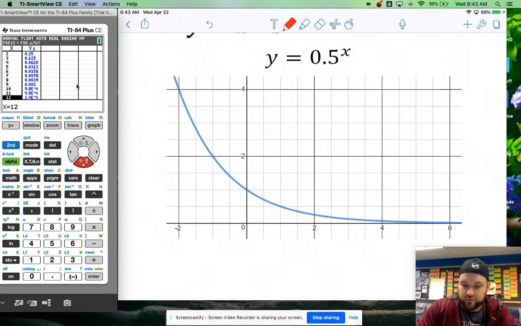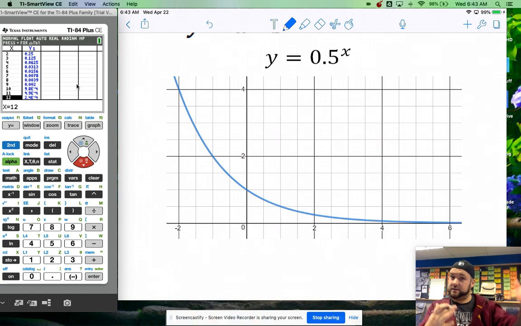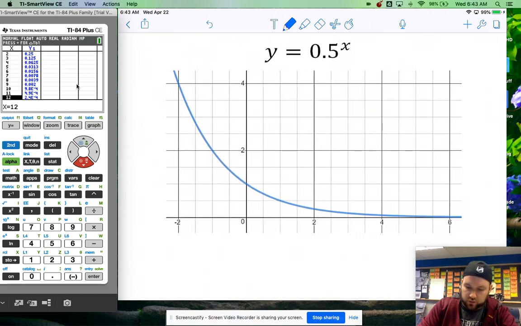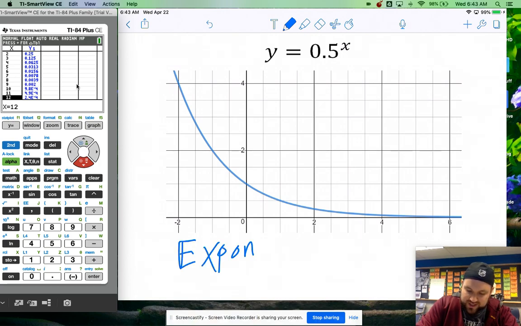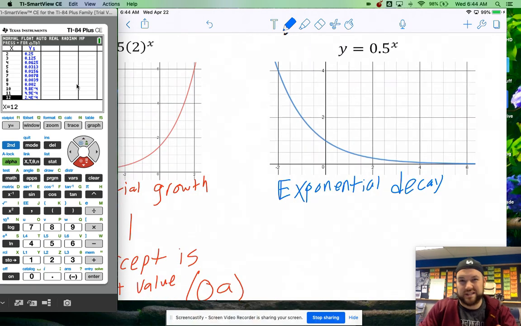And then here, if our growth factor is actually 0.5, which is what leads us to this exponential decay look, I'm going to show you that in just a second on Desmos as well. But this is actually going to happen anytime that the b value is less than 1. But by definition, the b value has to be bigger than 0. Having a negative growth factor is going to lead to a graph that you can't even really put on a graph.